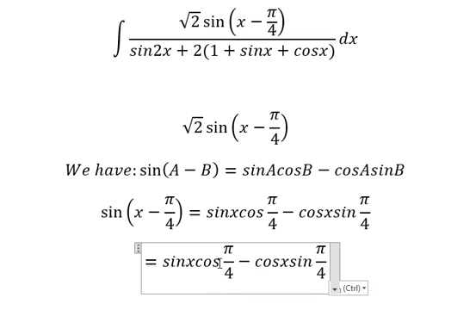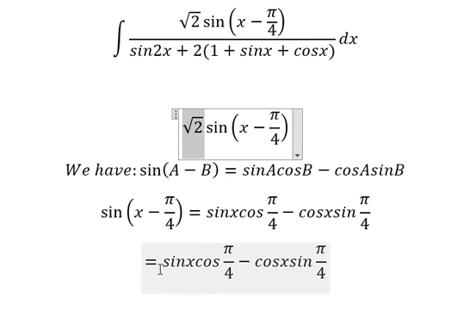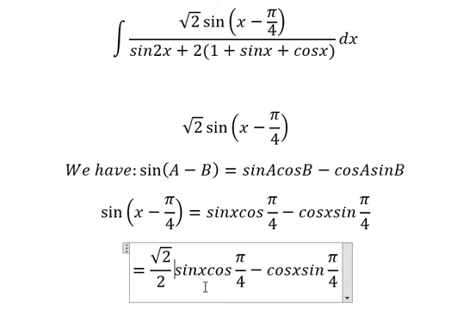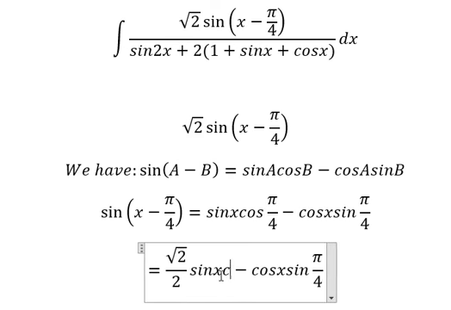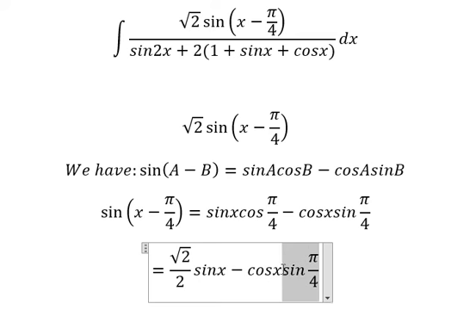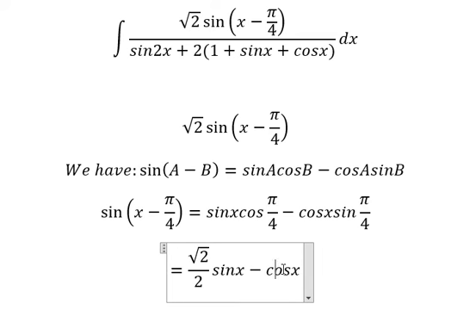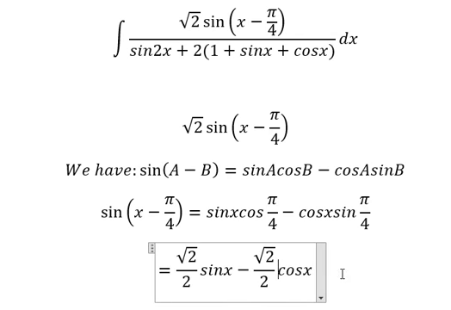And we know that cosine π over 4 is the square root of 2 over 2. Similarly for this one, it is square root of 2 over 2. So this is the first step.